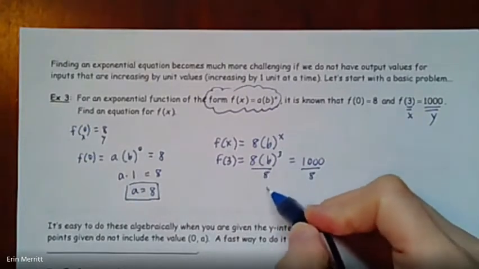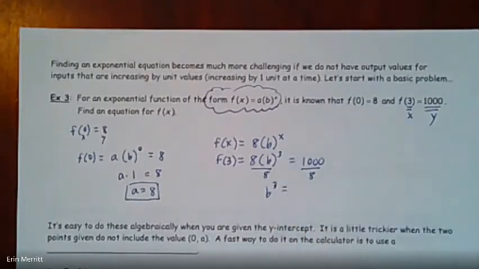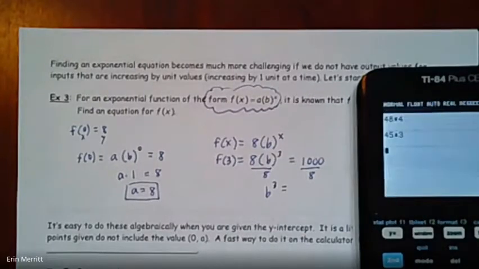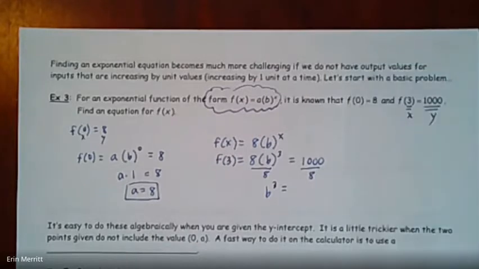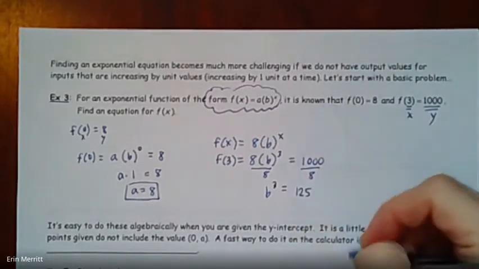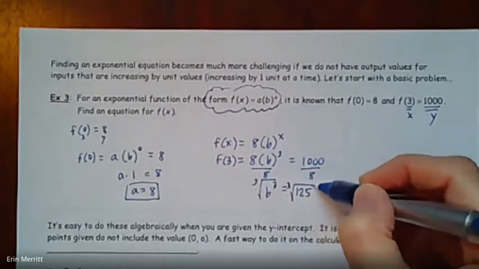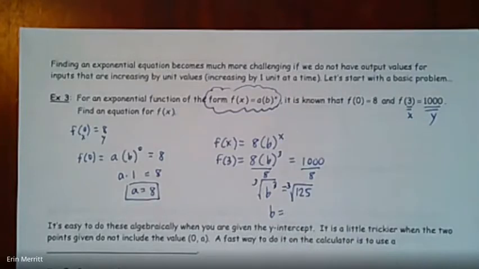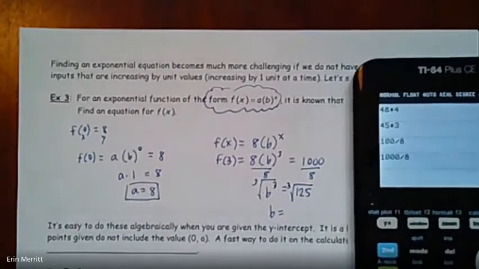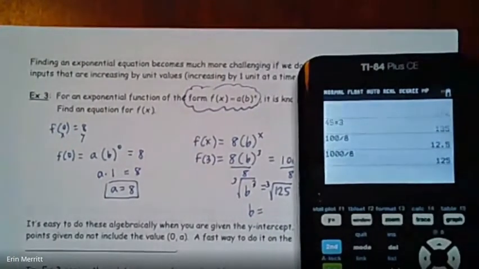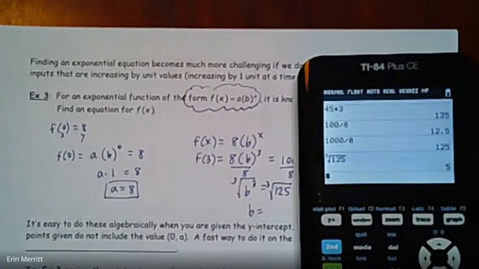So b cubed equals 1,000 divided by 8, which is 125. And then to undo b cubed, we can take the cube root. If you don't happen to recognize that one, use the math key on your calculator. So if I go to math and then cube root 125, that comes out to be 5.